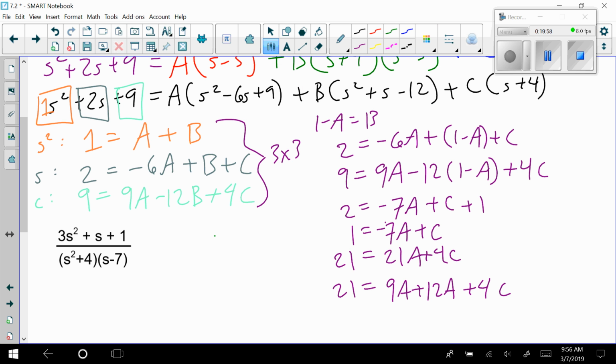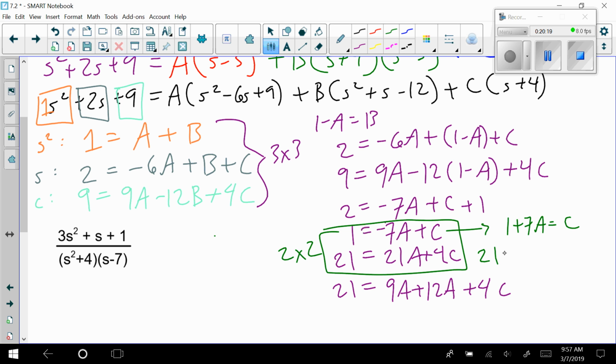And in here now, we have a 2x2 system, which you've solved before. What would you do? Well, this equation here yields 1 plus 7a equals c, which then means I have 21 equals 21a plus 4 times 1 plus 7a.